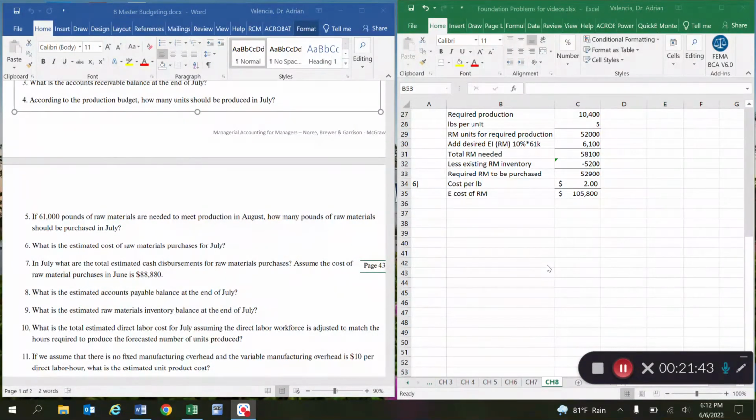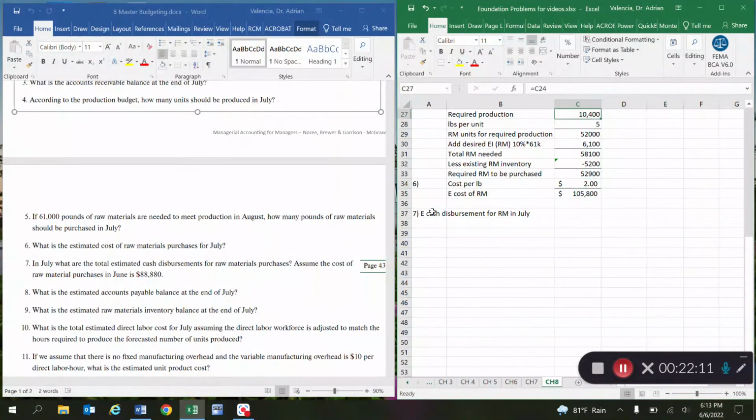Okay, so now that we know what the expected cost of raw materials is, in number 7, we're going to estimate the cash disbursements for raw materials. So let's go in here and say expected cash disbursements for raw material in July. Maybe I should have been a little bit more clear.